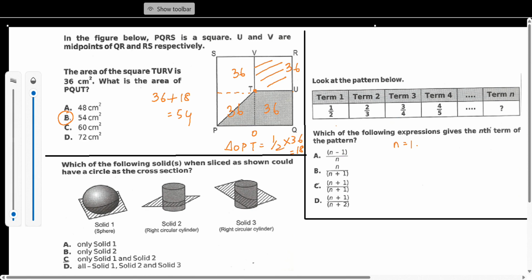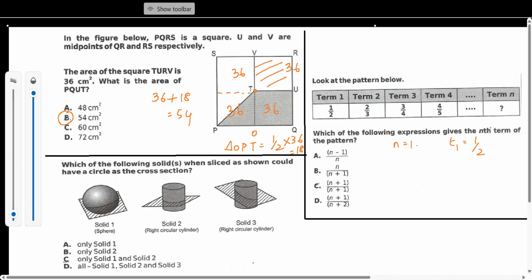But even otherwise, if this was laborious or the expressions given in the choices were too much for us to substitute, the other way could be: when n is 1, the term is 1 by 2. So each place you see that the numerator is the same as the term number.